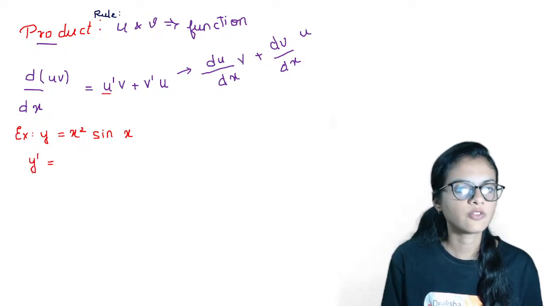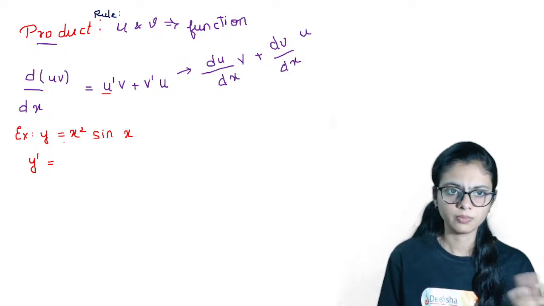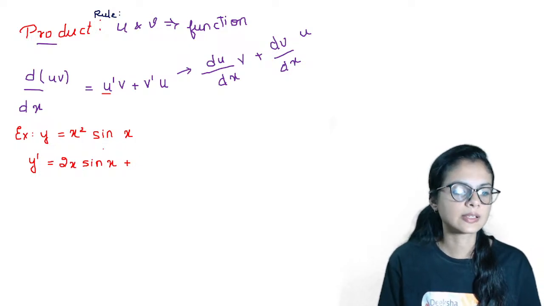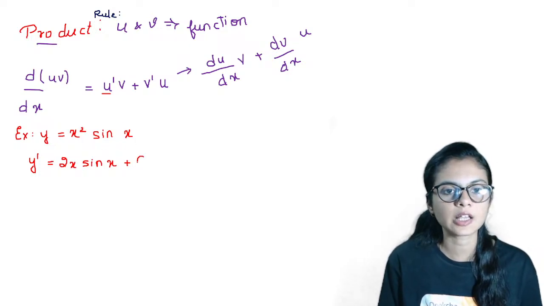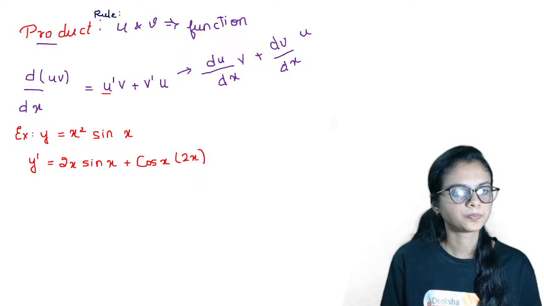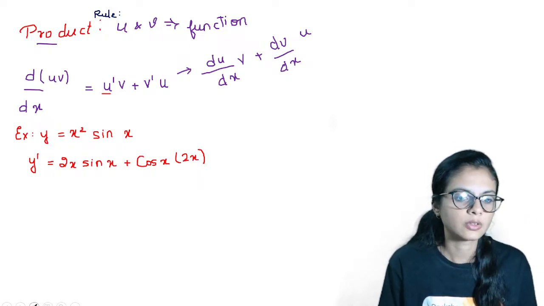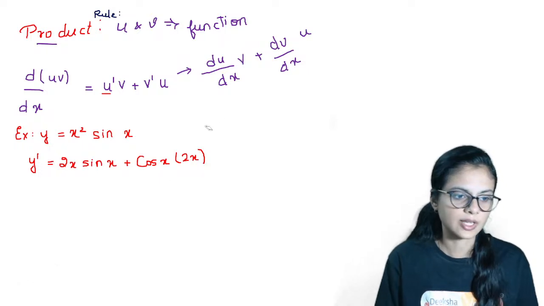I should differentiate the first term, that is x square. It turns out to be 2x, and I'll keep sin x as it is. I'll write plus differentiating sin x. Differentiation of sin x is nothing but cos x, and keep x square as it is. So this is the answer. Right? Oh, sorry, it is x square, right? The given thing. Just a second.